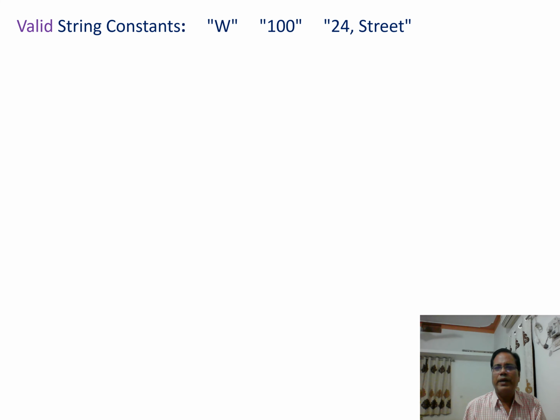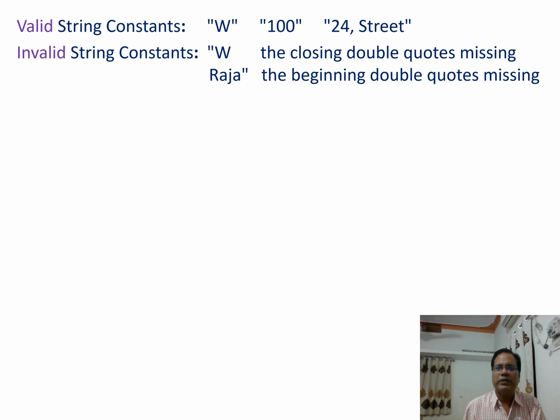So these are the valid string constants. Where is the invalid string constant? Here, the closing double quotes are missing. Here, the second quotation mark is missing. In the second example, the beginning double quotation mark is missing. So this becomes an invalid string constant.